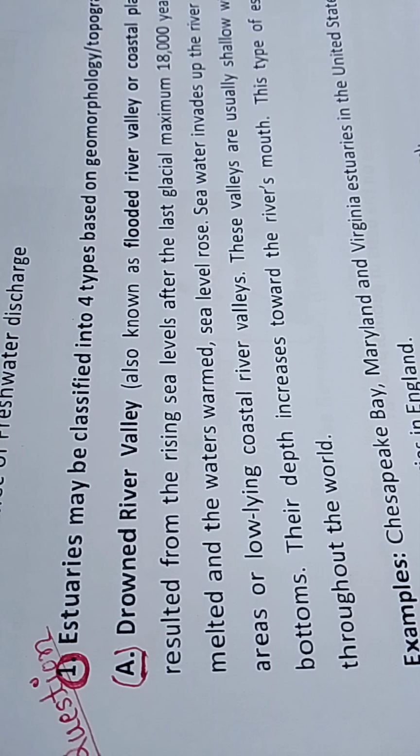Sea level rose and invaded up the rivers, flooding low-lying areas or low-lying coastal river valleys. The valleys are usually shallow with gently sloping bottoms. The depth increases towards the river mouth. This type of estuary is common throughout the world.